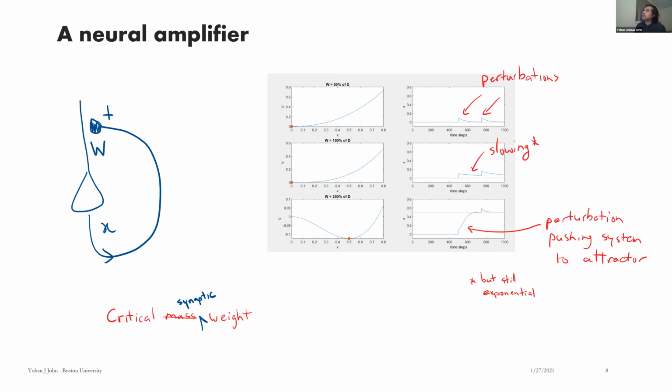And I've just drawn the potential on the left for different values of w. I haven't done a full bifurcation diagram, but I've spanned the bifurcation, which we just saw anyway. I just wanted to show you what a perturbation is, because sometimes it's not always clear what that means. Right now w is less than d, which means that we have only one fixed point, 0.